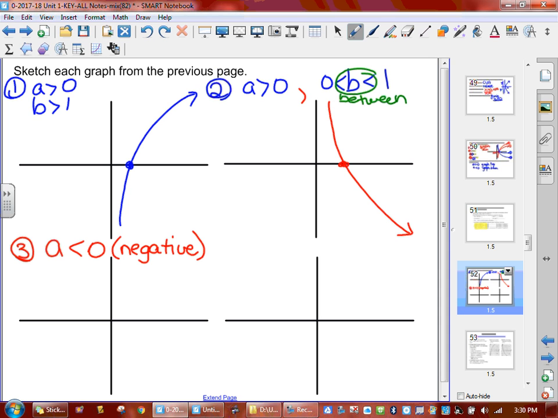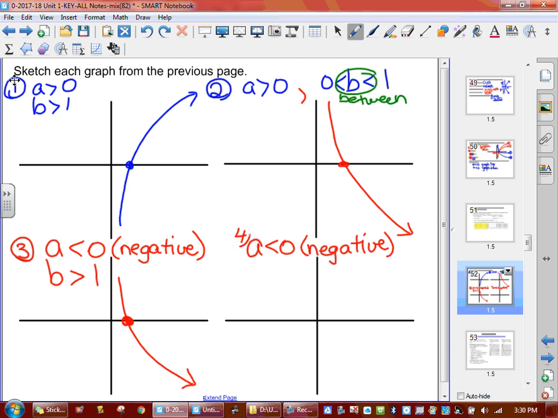But if a is less than 0, again, a negative, for situation 4 here, b is between 0 and 1. This is going to do the exact opposite. A double negative will make it increase. So this guy is going to increase. So looking at each of those, if we were to compare graph 1 and 3, graph 1 and 3 are reflections of each other, a reflection in the x-axis, that is.